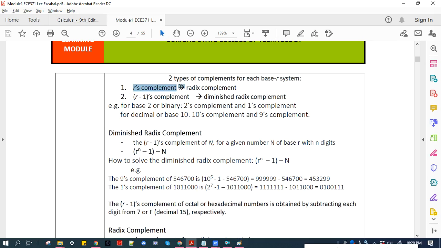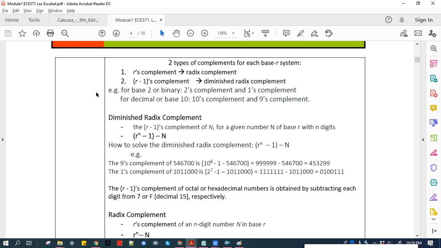So the diminished radix complement has a value that is less than the R's complement. I mean the value in terms of how it is called, because we are using R minus 1 instead of R, where R is the radix.